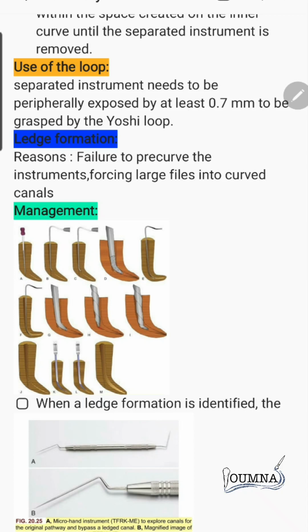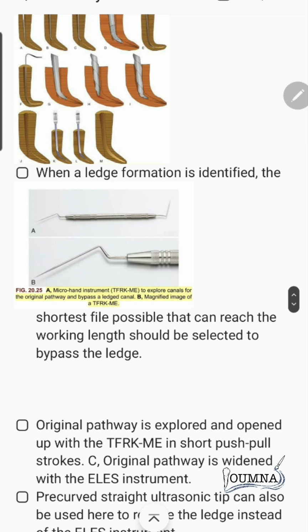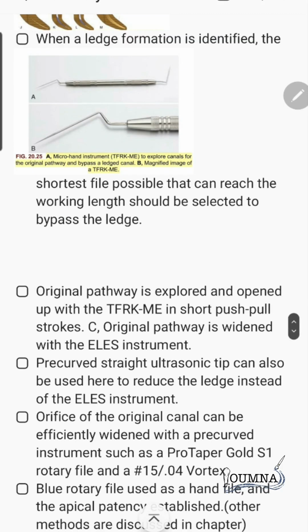The ledge formation. The reasons are failure to pre-curve the instruments and forcing large files into curved canals. How to manage: when a ledge formation is identified, the shortest file possible that can reach the working length should be selected to bypass the ledge.